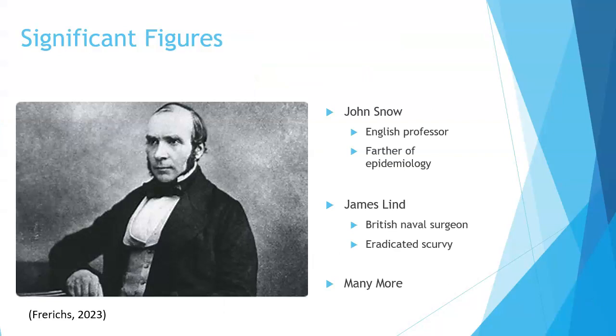John Snow was an English professor known for his studies of cholera and widely viewed as the father of epidemiology. His best known studies include his investigation of London's Broad Street pump outbreak, which occurred in 1854, and his grand experiment comparing waterborne cholera cases in two regions of the city, one receiving sewage-contaminated water and the other receiving relatively clean water.